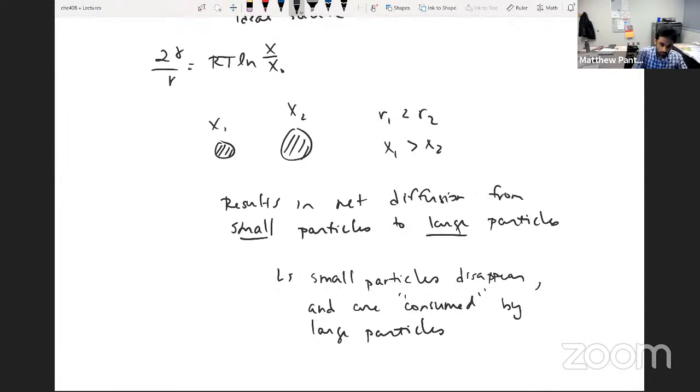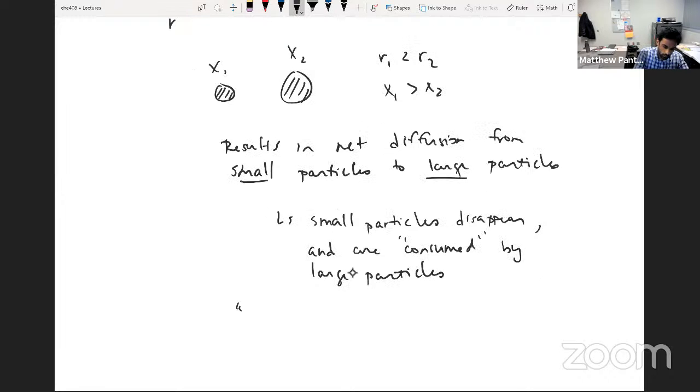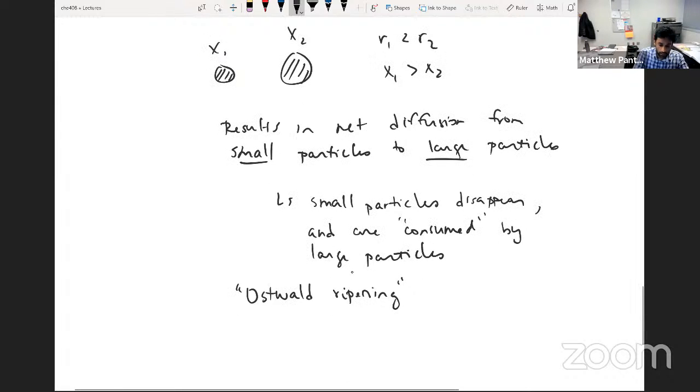So this phenomenon is known as Ostwald ripening. This was noted by Friedrich Ostwald in solids in the late 1800s. So this applies to solids. It also applies to liquids like emulsions.